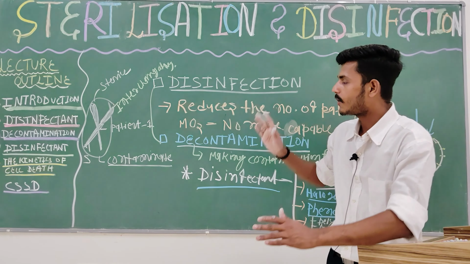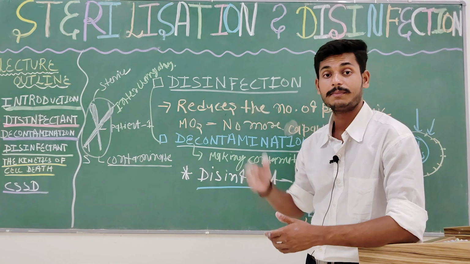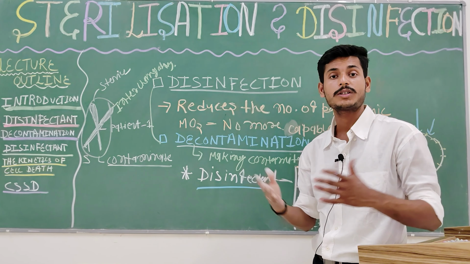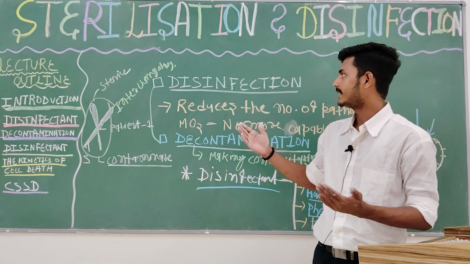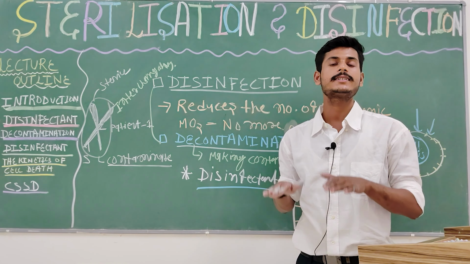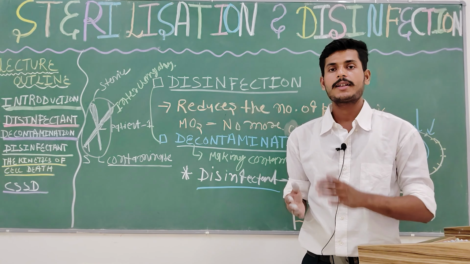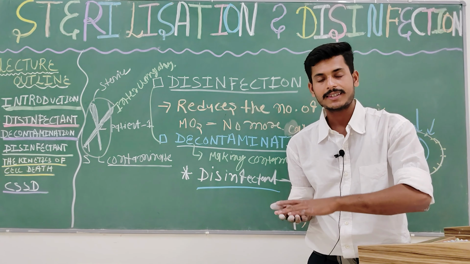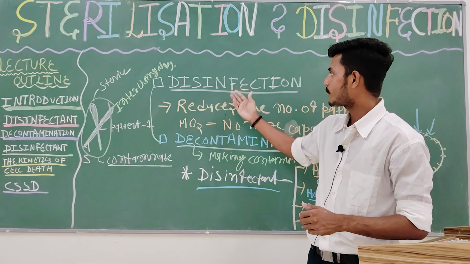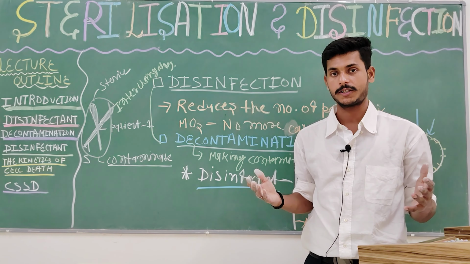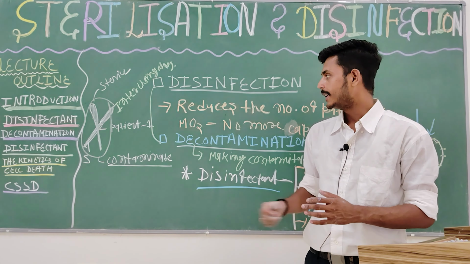So just to recap what we studied: apart from sterilization, which is a technique where we achieve a total microbial-free ambience, there are other techniques by which we reduce the number of microorganisms, making their number such that they are no longer harmful. This process is called disinfection. Then another word is decontamination.